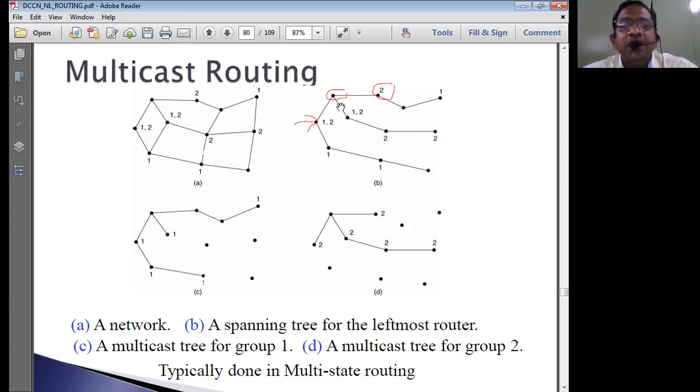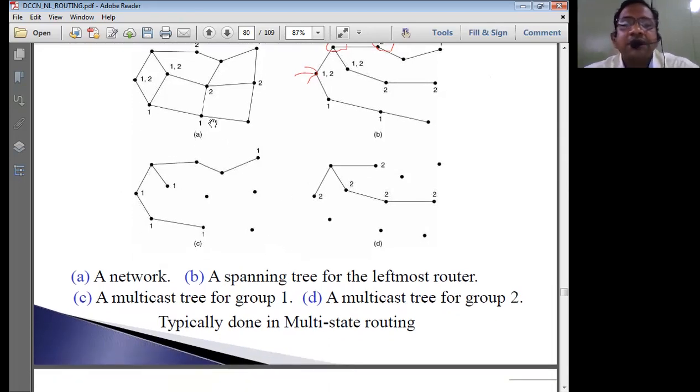Similar types of routers, I arrange as router group 1 and router group 2. These routers are meant to run specific applications. Thereby, I can form two spanning trees from the given graph.